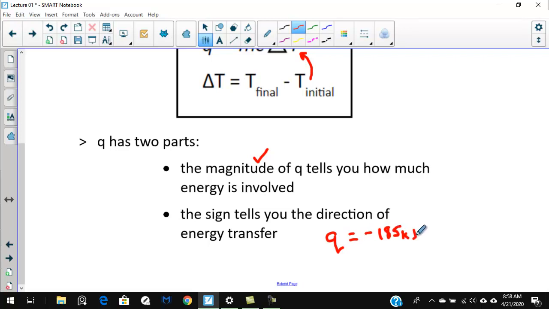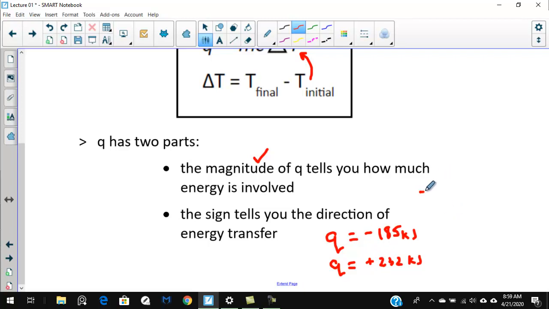that means that the surroundings lost 185 kilojoules of energy and they got colder. If we get a Q value that is positive, so positive 232 kilojoules, that means that the surroundings gained energy and the surroundings got warmer. So a negative and a positive just tells us whether the surroundings got cooler.